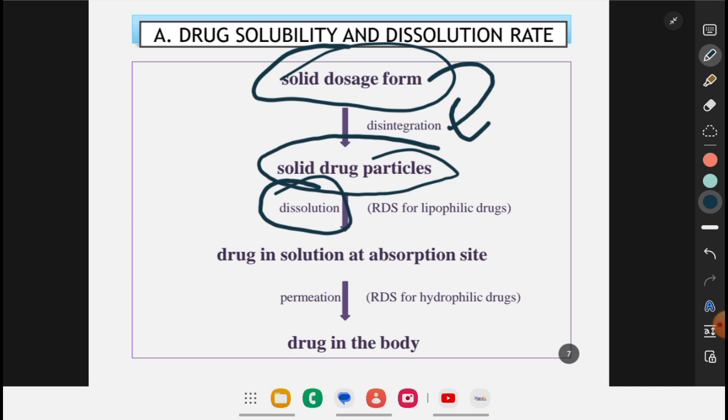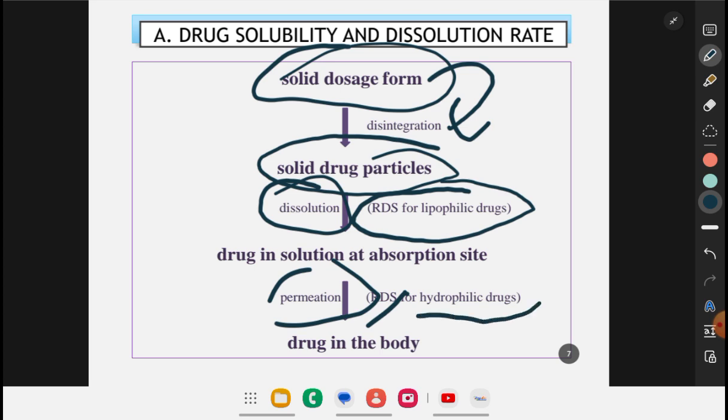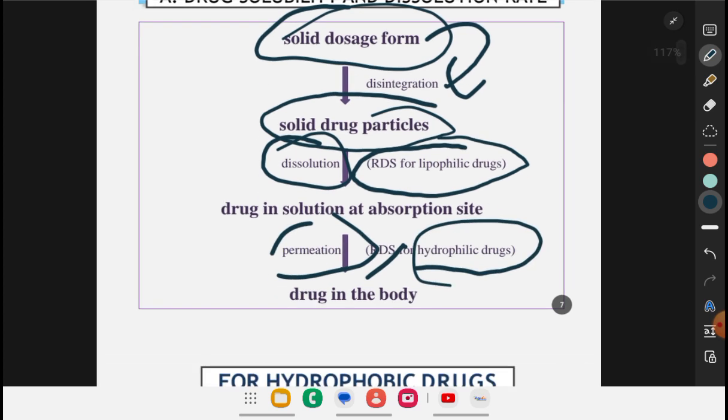So we take the drug with water. If the drug is lipophilic, dissolution will be the rate determining step for the lipophilic drug. And as our plasma membrane is made up of lipids, permeation will be the rate determining step for hydrophilic drugs.